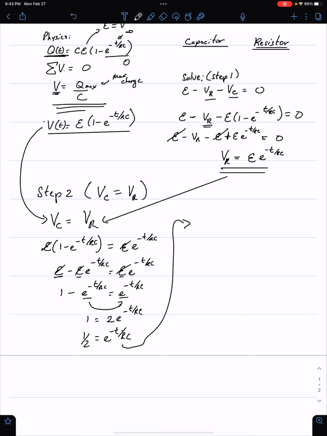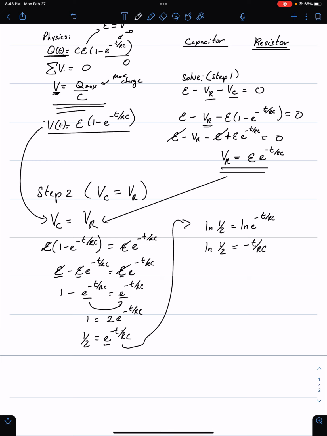Going back here, now you do the natural log because this is the only way that you can get rid of the e. So we have natural log of 1 over 2 equals natural log of e to the negative t over RC. Because there is a natural log of e, the e goes away, and what you have left is natural log of 1 over 2 equals negative t over RC.